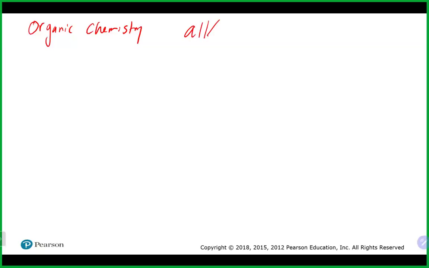Remember, pretty much even our alkanes and everybody else, when you're naming, you always want to find that longest continuous carbon chain.